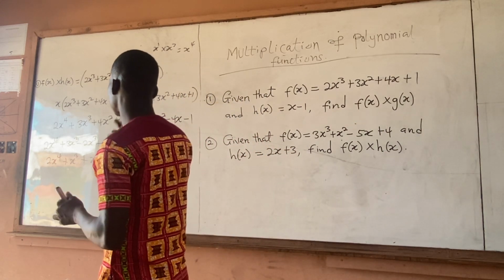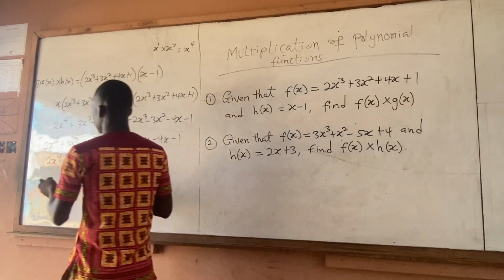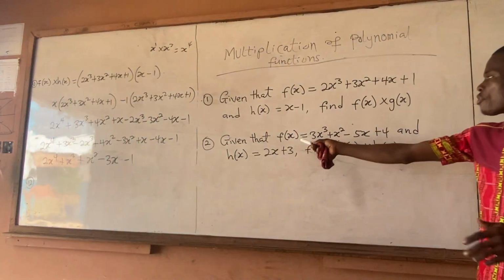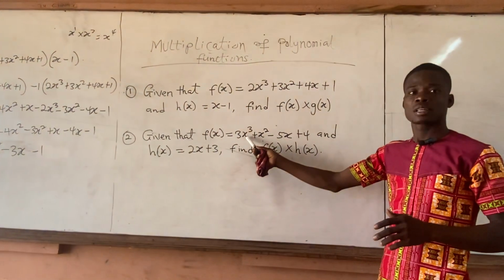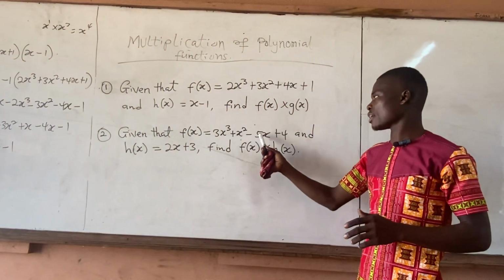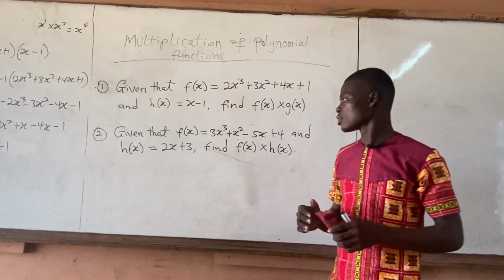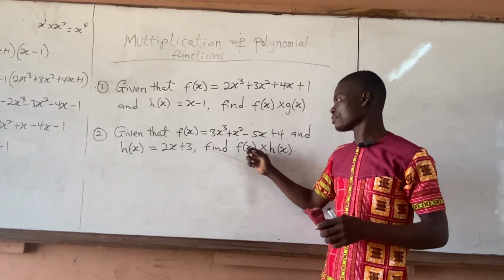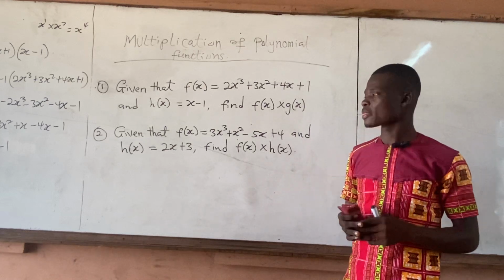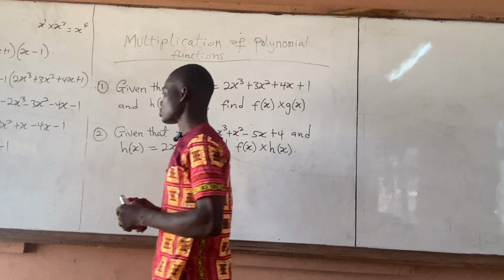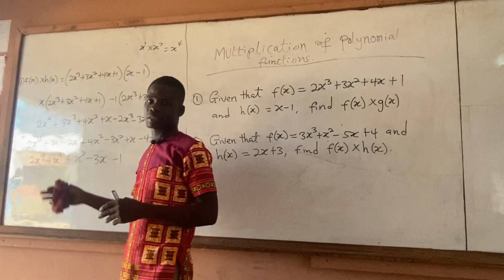So now let's look at problem number 2. Given that f of x is equal to 3x cubed plus x squared minus 5x plus 4 and h of x is equal to 2x plus 3, find the function f times function h. Let's take our time to solve problem 2. We are using the same process.